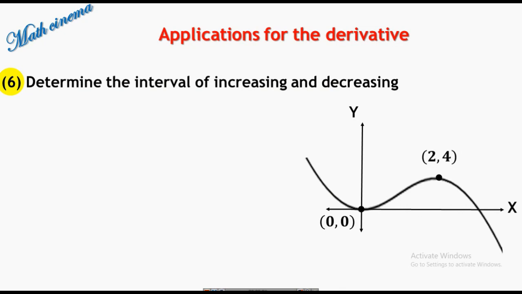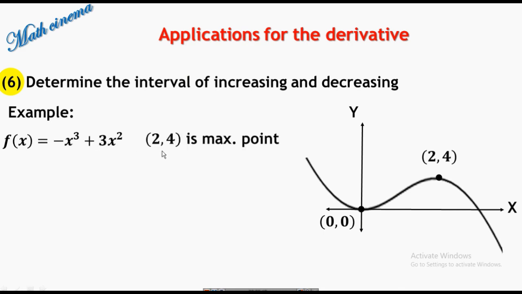The sixth application is determine the interval of increasing and decreasing. In the previous example, we have two critical points for the curve negative x power 3 plus 3x power 2, and the 2 points are 2, 4, and this point is maximum point, and 0, 0 is minimum point.